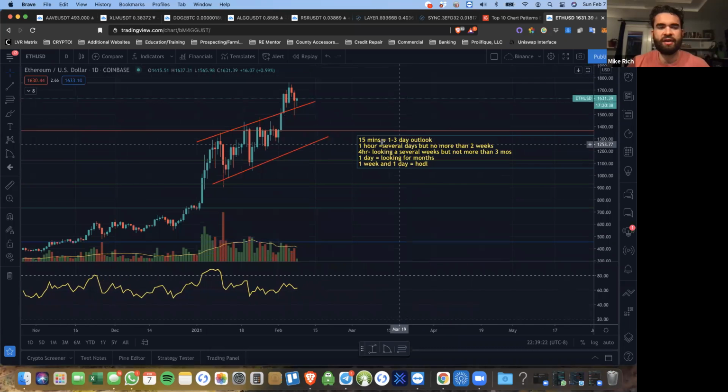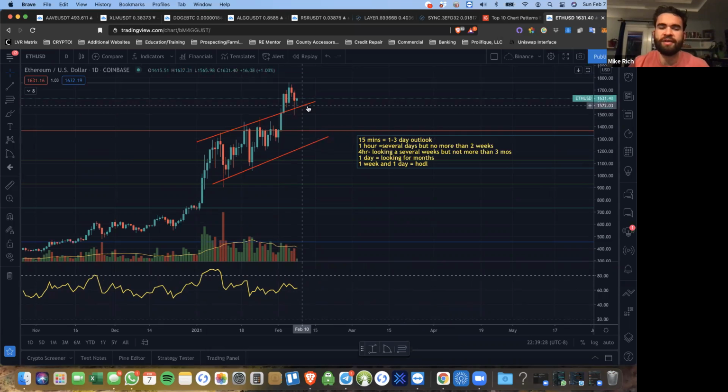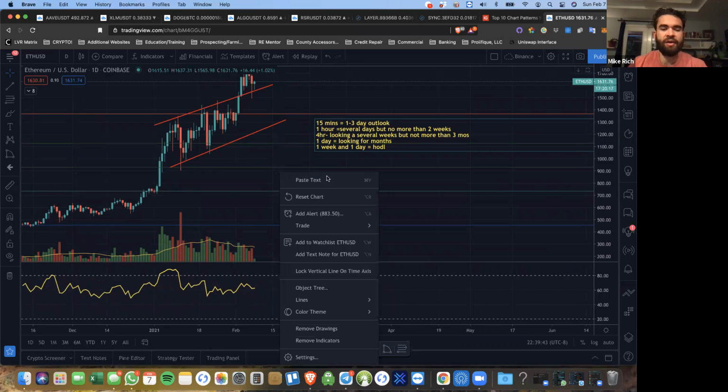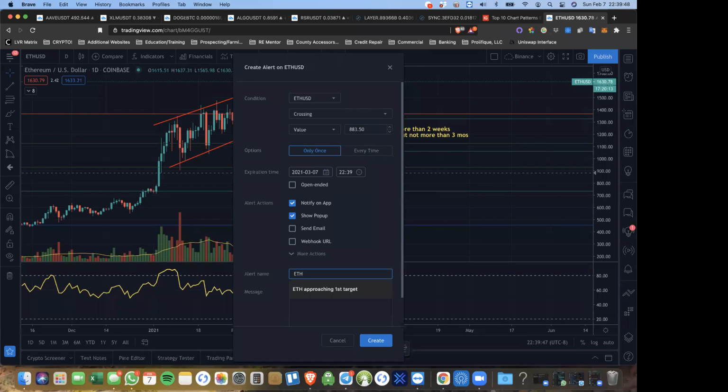So as you can see on the day chart, we're seeing some good support. It broke out, it retested, but as you guys can see, there's a pretty big gap right here, right? It's about 966 to 800. Maybe I'll just set an alarm right now. What was that? Around the 800.